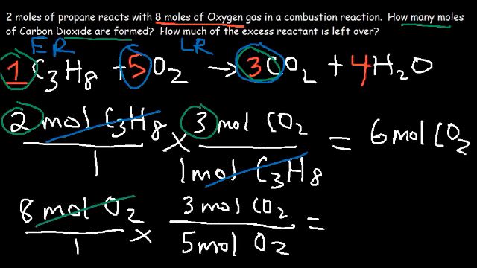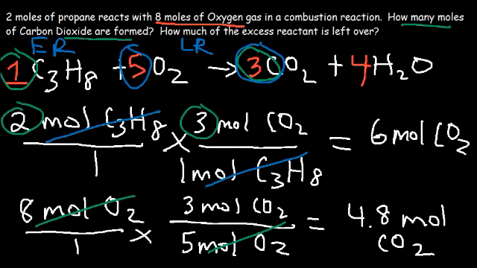So these units cancel. 8 divided by 5 is 1.6. 16 times 3 is 48, so 1.6 times 3 is 4.8. So if all of the oxygen molecules react, we can get at most 4.8 moles of CO2.